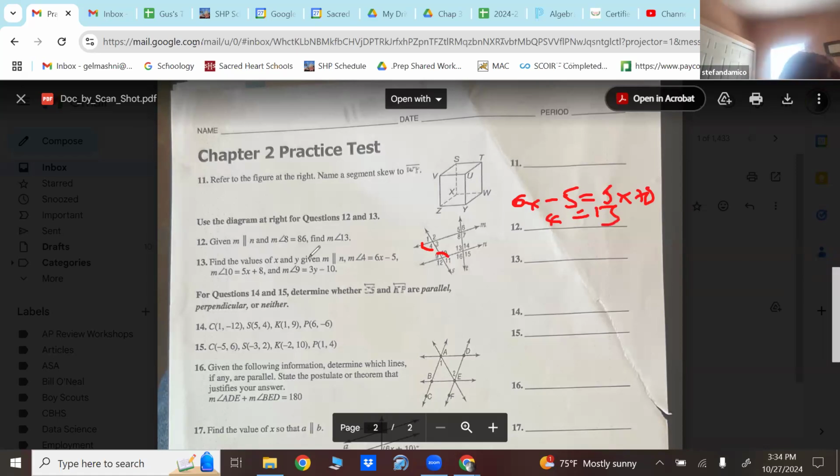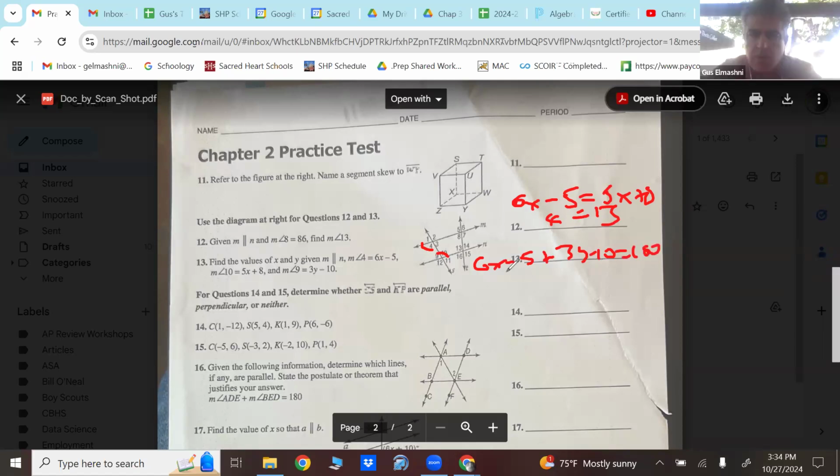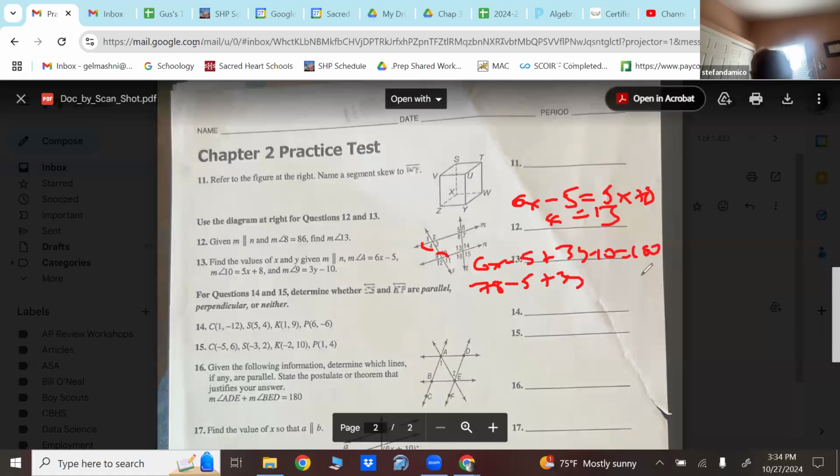Now, angle 9 is on the same side as angle 4. Those are going to add to 180. So remember, x is 13. So that's going to be 78 minus 5. So 3y minus 10.